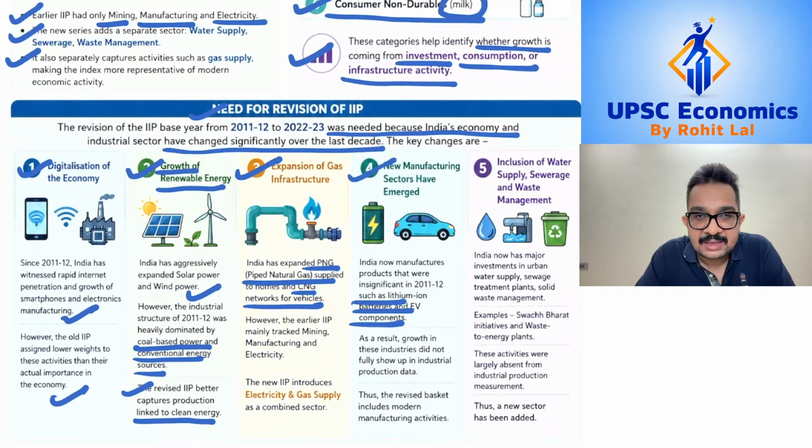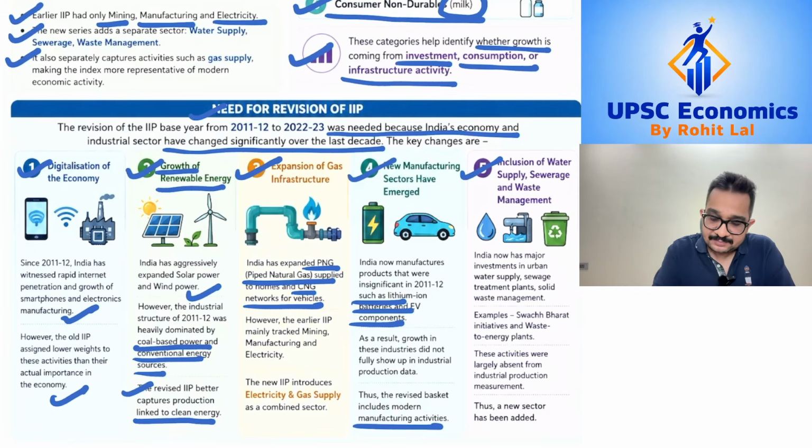A growth in these manufacturing items is going to show up better in the modern basket which incorporates these activities, or else these new items would be underrepresented in the IIP basket.